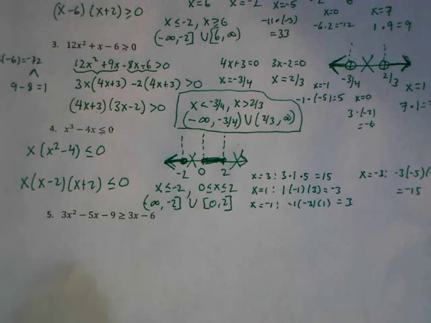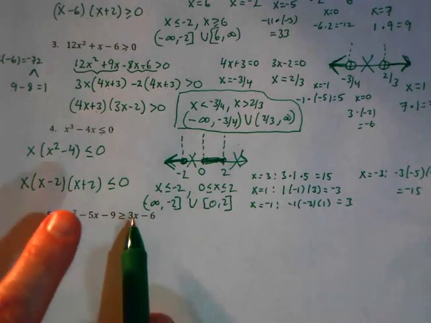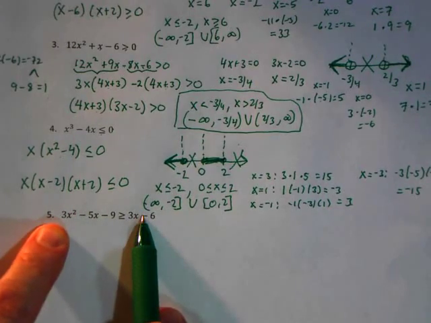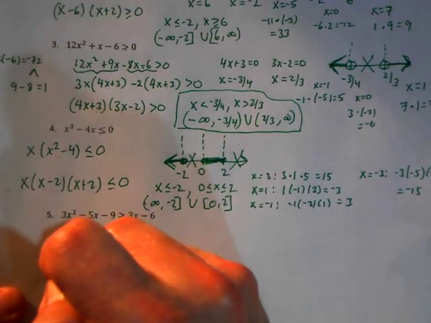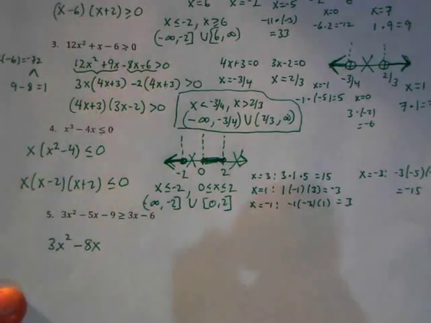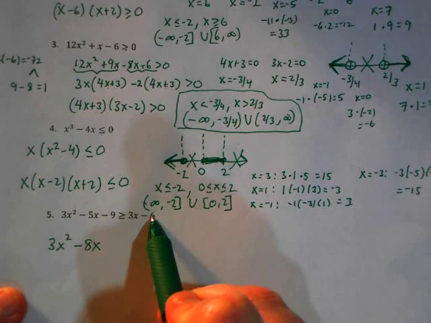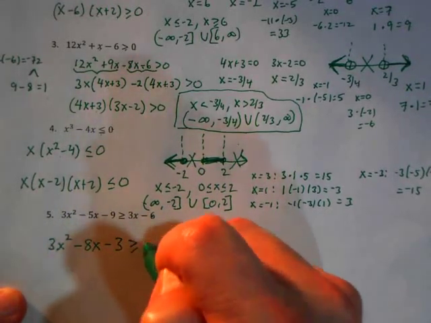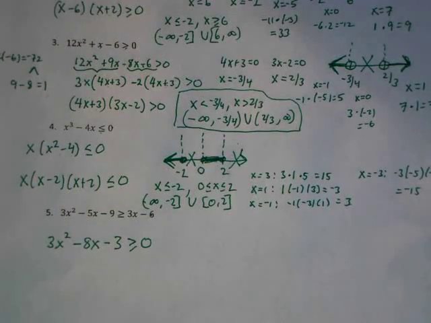Okay, last one. Let's see, this one. First thing I notice is I have x squared, but I do not have 0 on one side. Got to fix that. 3x squared, subtract the 3x, that's going to give me a negative 8x. Add the 6, that's going to give me negative 3, greater than or equal to 0. Similar to question number 3 in the sense that we have to factor, and that's not the number 0, that's not the number 1.